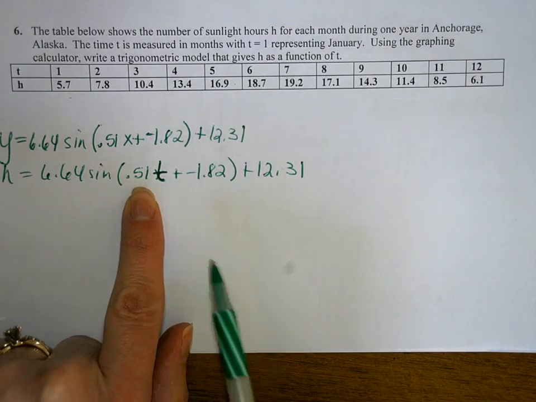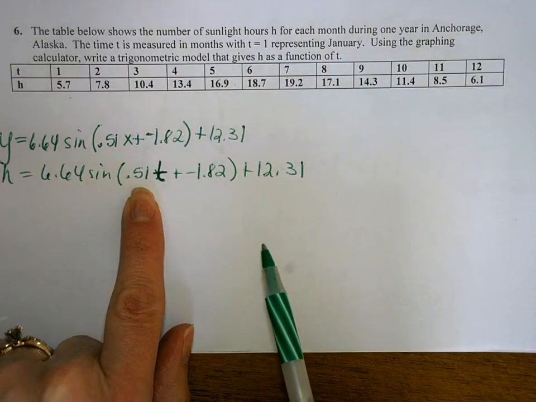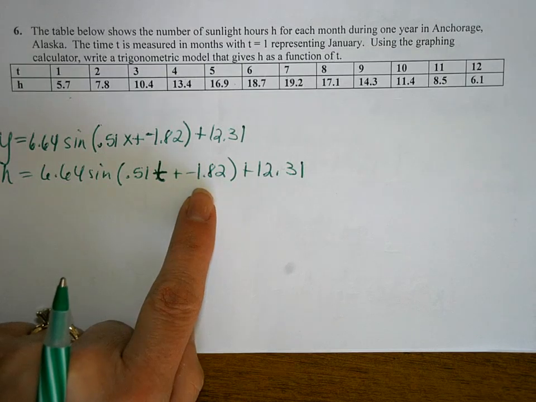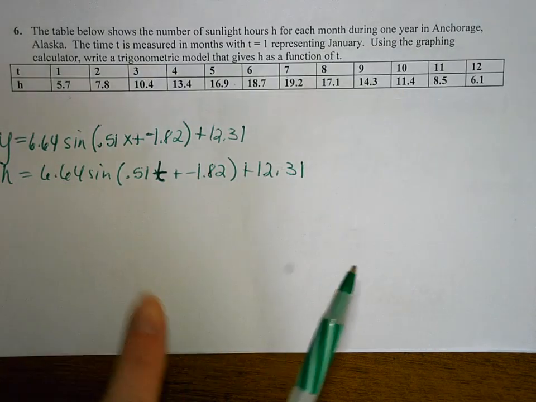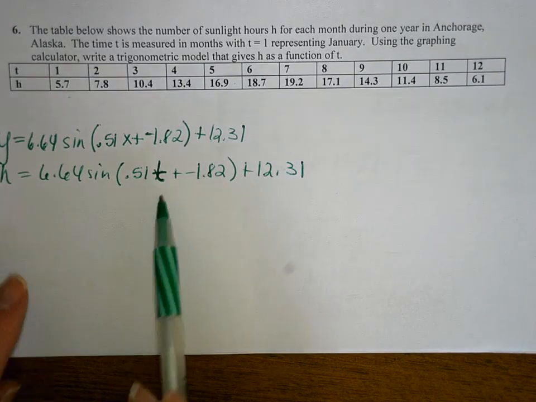Now, in your homework, I want you to write it exactly as they give it to you. But I want you to realize that this then is not a shift to the right 1.82. Because in order to make that h value shift left and right, we need to have that b value out in front.